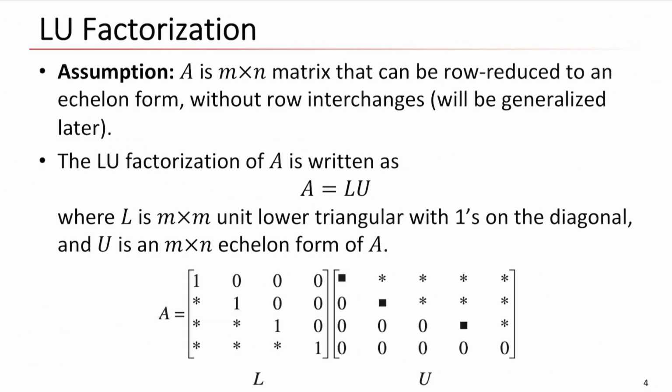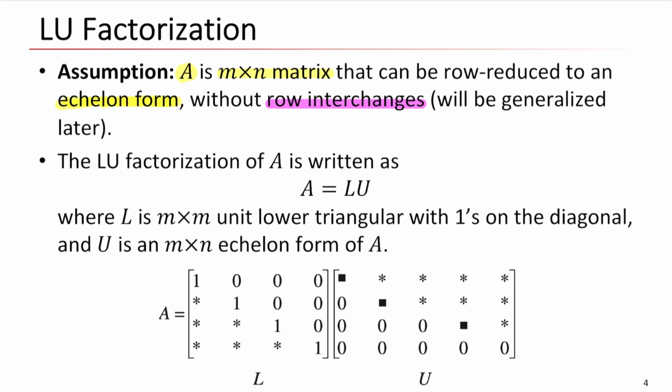First of all, there's one assumption. Matrix A is an m by n matrix that can be row reduced to an echelon form without row interchange, which will be generalized later.